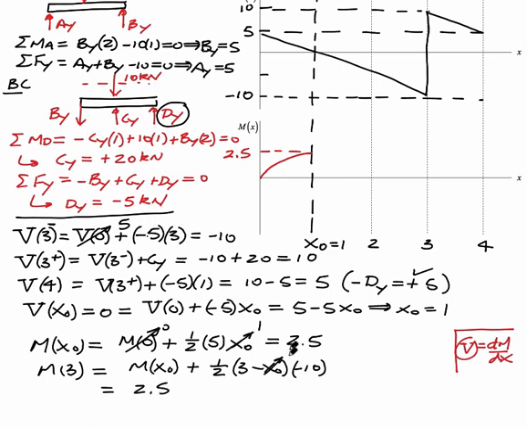This is a 1. So it's minus 10. So that ends up being minus 7.5. We know that the bending moment was 2.5 over there at 1, and that means then here at 3, it is minus 7.5.